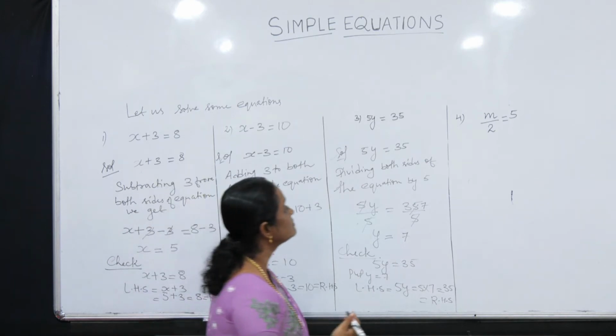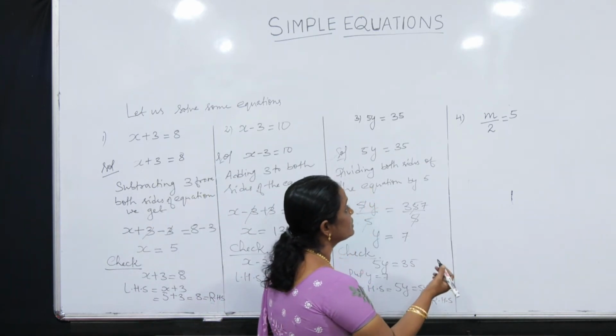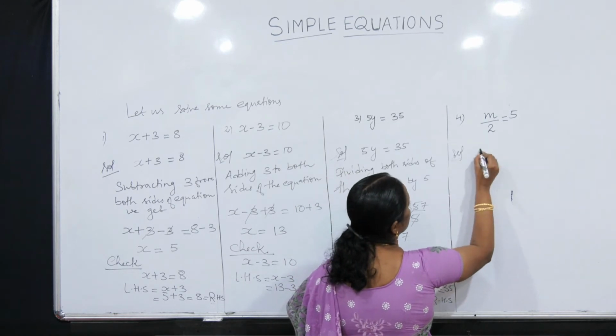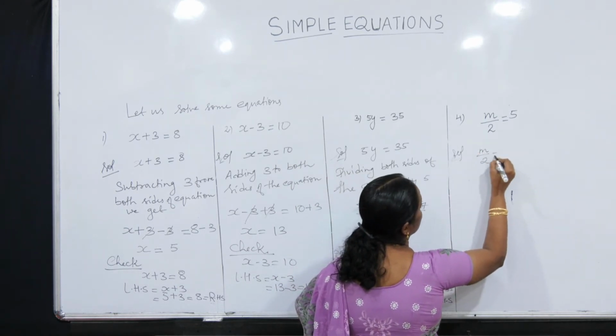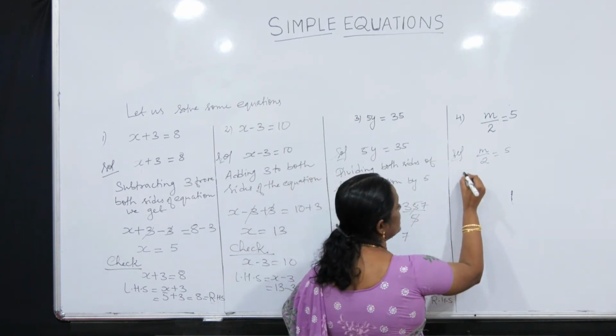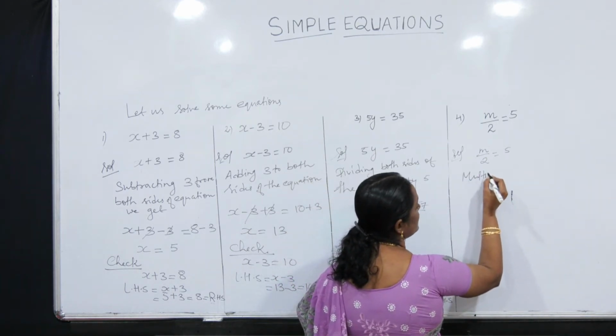So here the next equation is m by 2 is equal to 5.